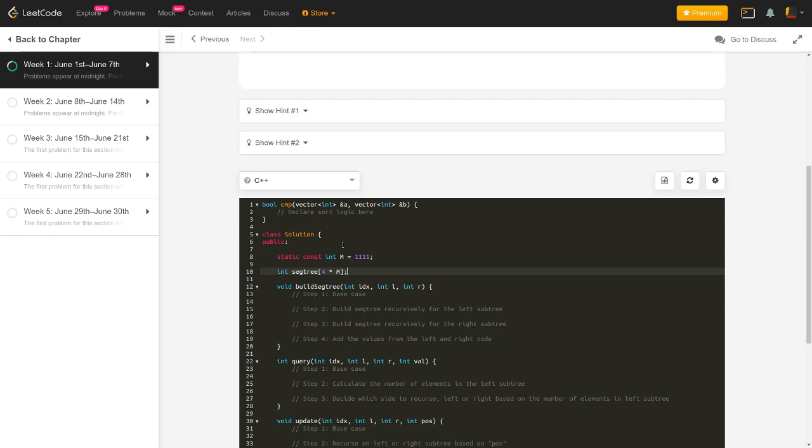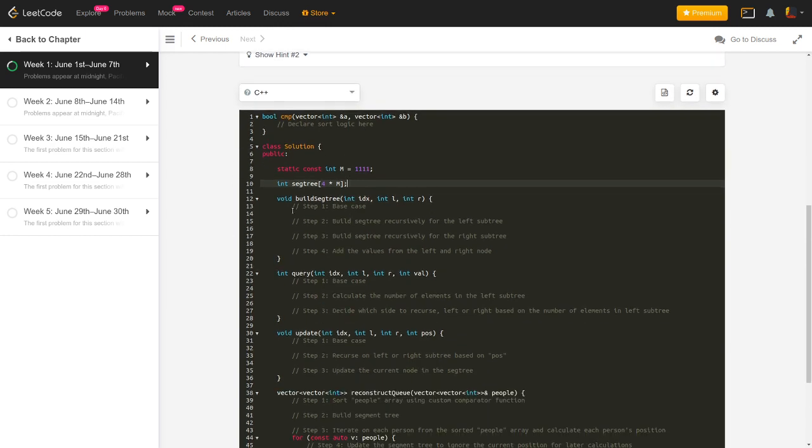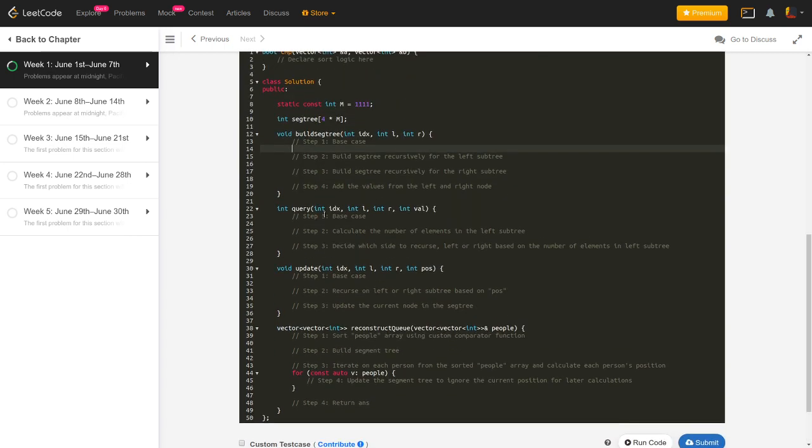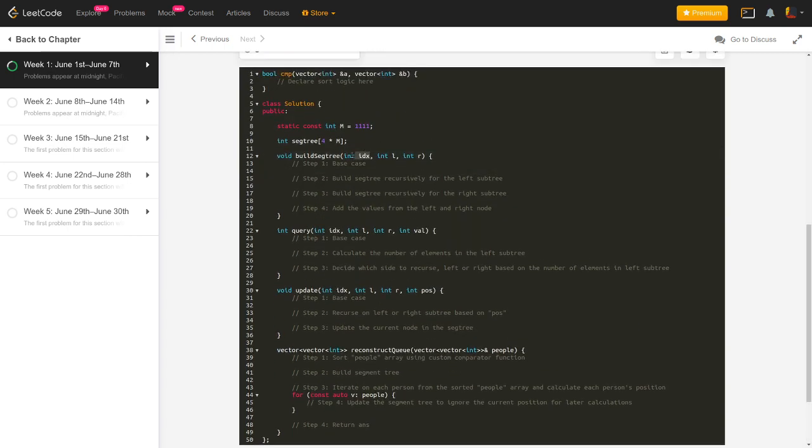Okay. That's what you usually do. Now, what is the build segment tree logic? The way I'm building the segment tree is I'm passing this index, which is the index of the segment tree, and I'm passing this l and r as well, which are the left index and the right index of the range corresponding to this particular node of the segment tree.